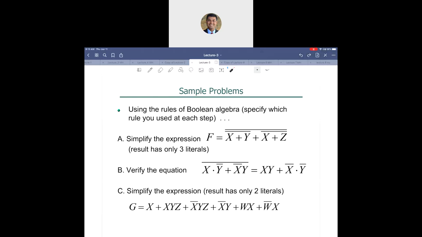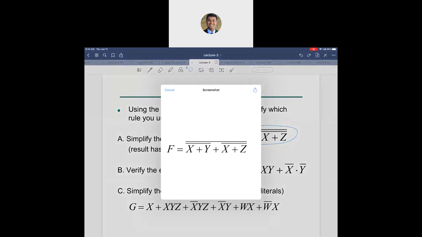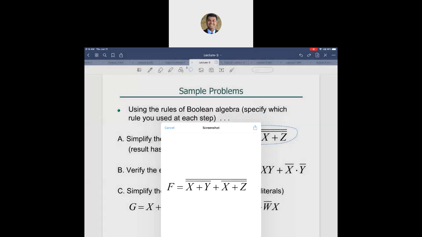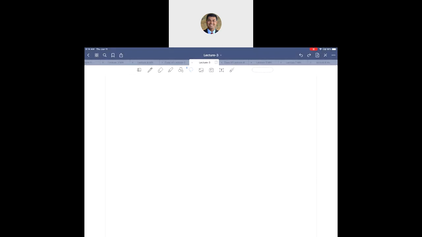I'm simply going to copy this from here, and then I will start working on it right here. So I have a logic expression for f, which is related to three variables, x, y, and z.